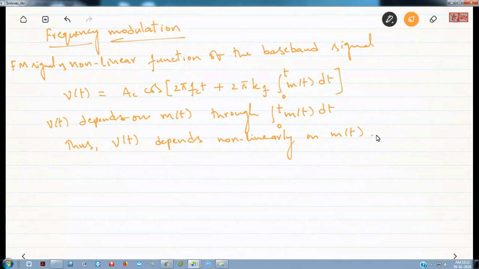Okay, and that makes the analysis of frequency modulation difficult, right? So to start with, to have a gentle introduction to the analysis of frequency modulation, what we do is we consider single tone frequency modulation, right? What do I mean by single tone? We assume that the baseband signal to be modulated is just one sinusoid, which is A_m cos 2 pi f_m t, and then with that we modulate and then analyze the frequency modulation and see some of its properties.